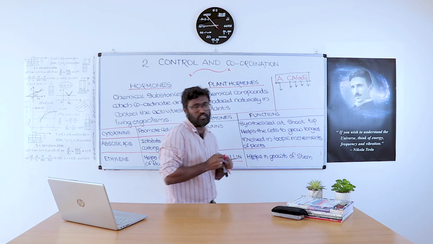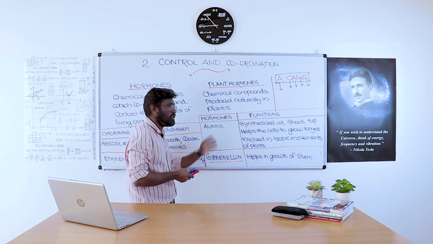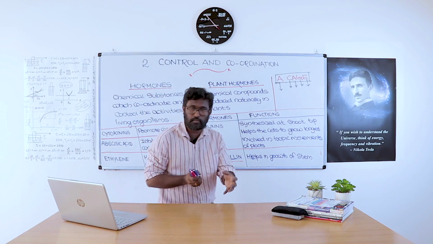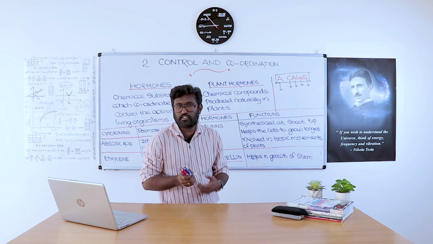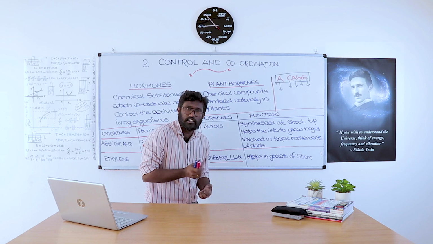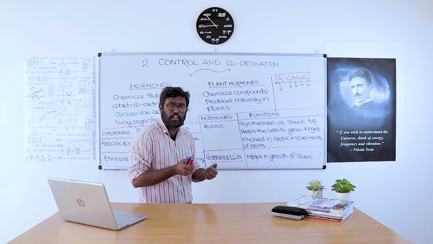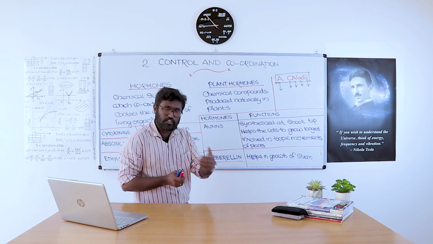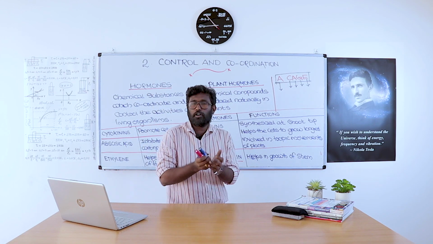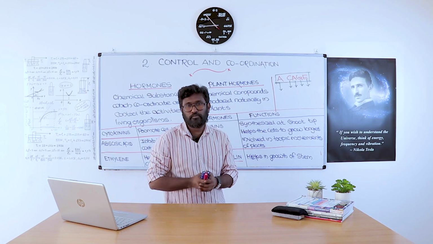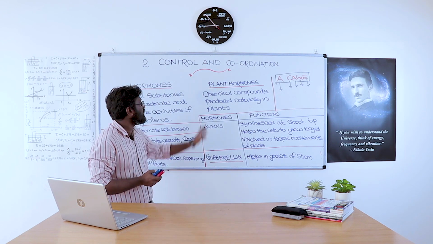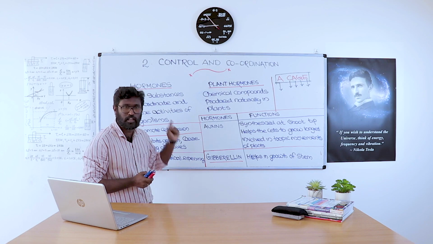A is auxin, C is cytokinin, A is abscisic acid, G is gibberellin, and E is ethylene. This is the shortcut to remember all 5 hormones. The chemical substances produced naturally in plants are called plant hormones, and their duty is the control and coordination of activity in plants. In human beings also, hormones are produced naturally. That's all about plant hormones and hormones.